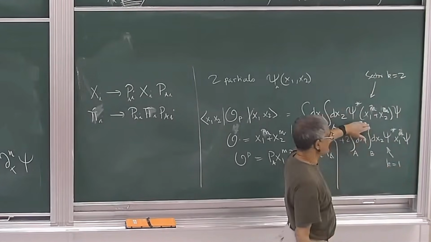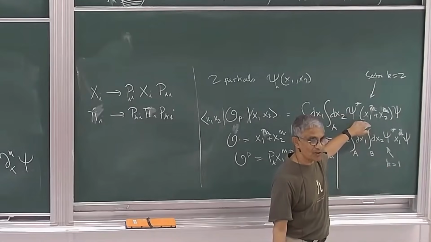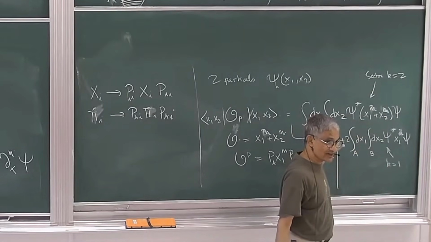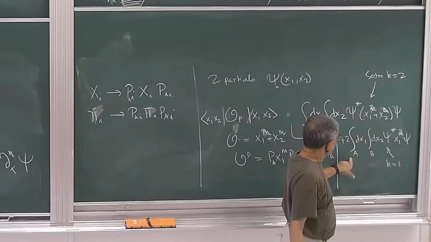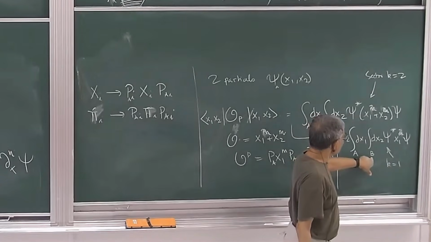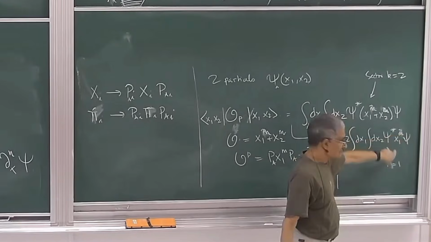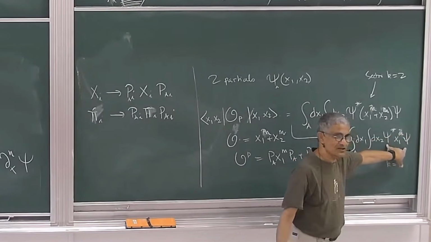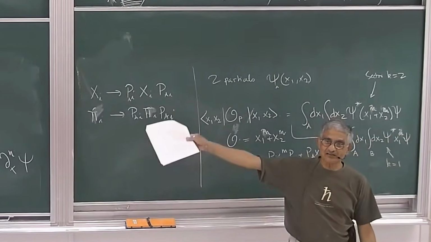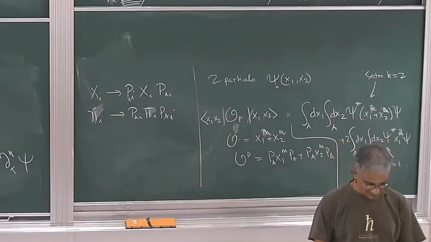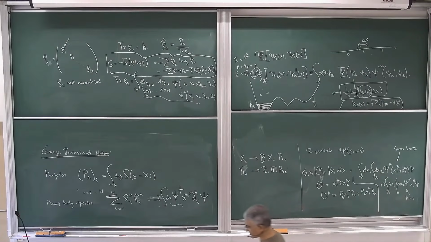This is the sector in which both the particles are in A. The integrals are not over the entire space, just over A. Here, there is an integral over B, but there is no non-trivial operator here. So you can do that integral over B of psi star psi, and you precisely reproduce the density matrix. And this, of course, works for any number of particles.